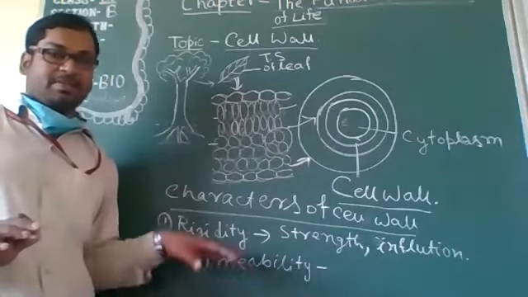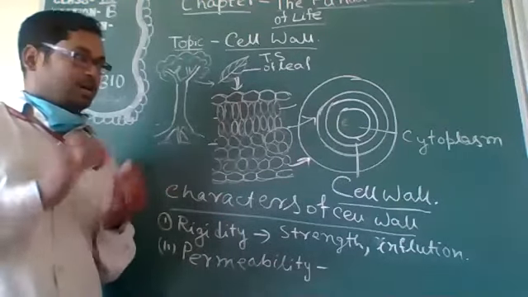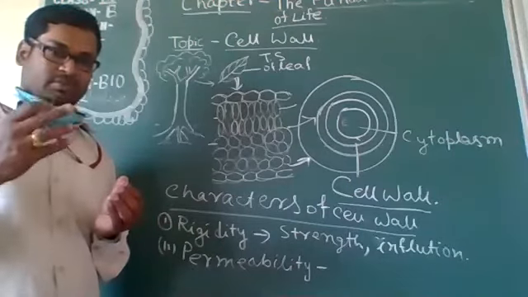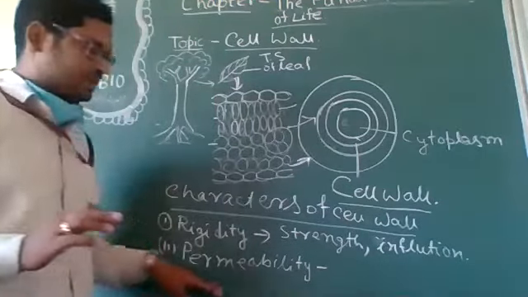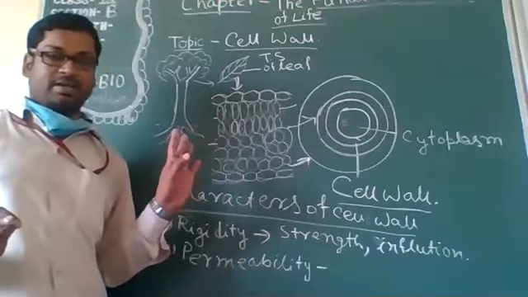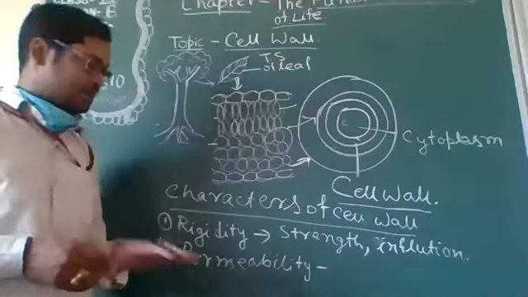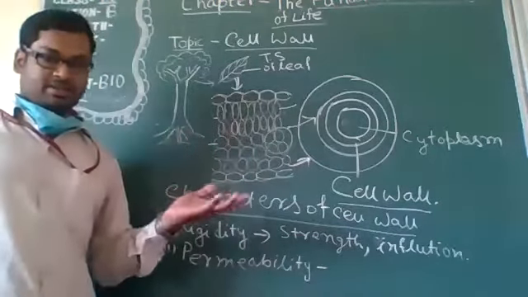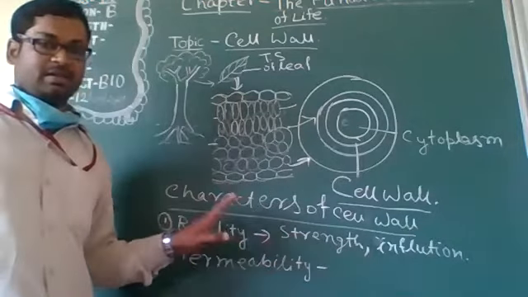The primary cell wall has a permeability nature. That means water molecules and minerals can be transferred through the cell wall. Some gaseous components, carbon dioxide, H2O, can be transferred. That is called permeability.